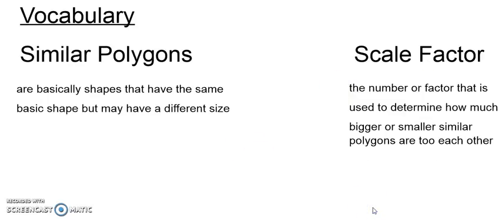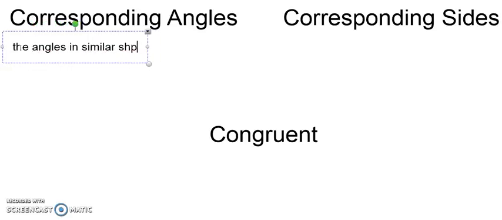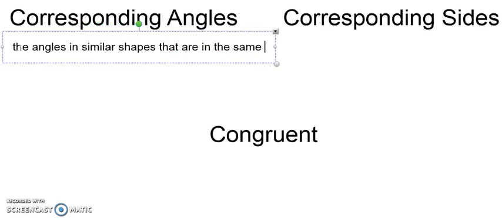Okay, so these are just words at this point. So let's move on. So we have corresponding angles. So corresponding angles are the angles in similar shapes that are in the same basic location.